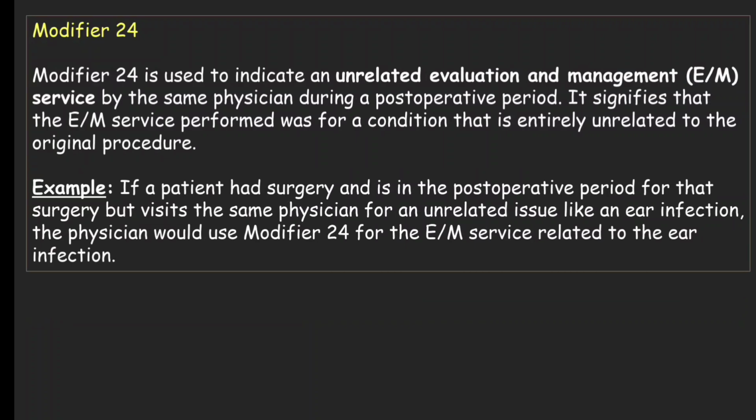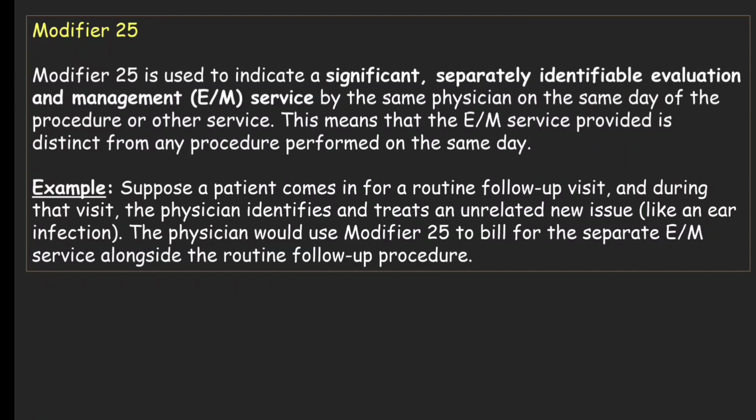For example, if a patient had surgery and is in the post-operative period for that surgery, but visits the same physician for an unrelated issue like an ear infection, then the physician would use modifier 24 for the E&M service related to the ear infection. Let us check the keywords. The keywords are unrelated, not related to, or unrelated E&M service. I am providing the keywords so that it's very easy for you to understand.